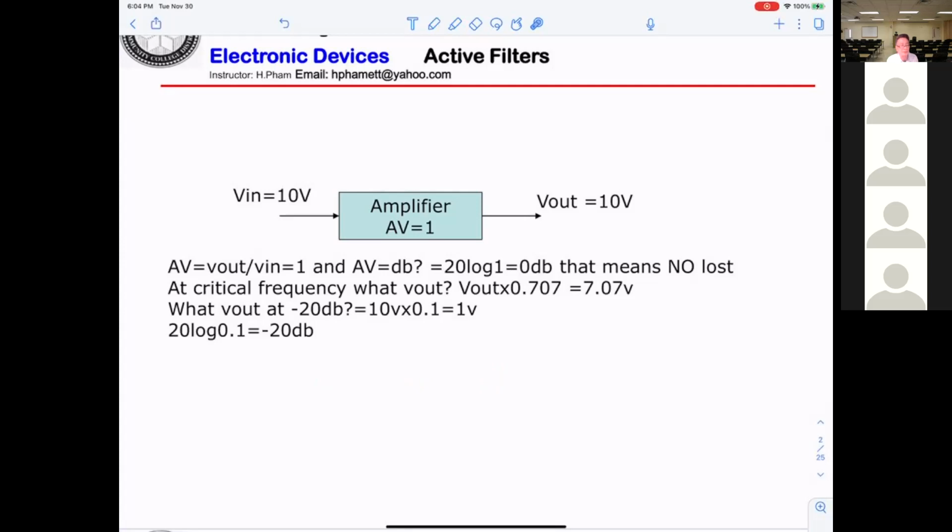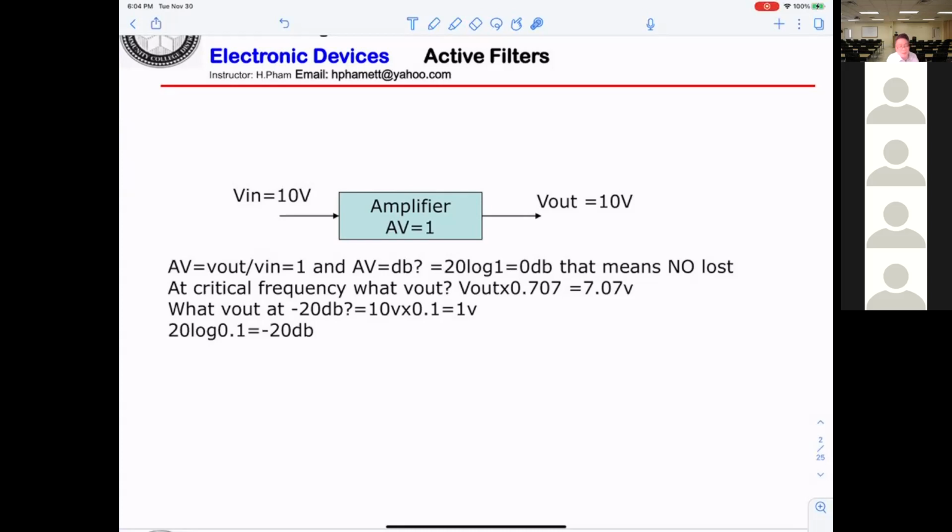Okay? And what is equivalent to 0.707? What dB is equivalent? Minus 3 dB. So that's why normally they tell you at the critical frequency, the output will go down 3 dB.